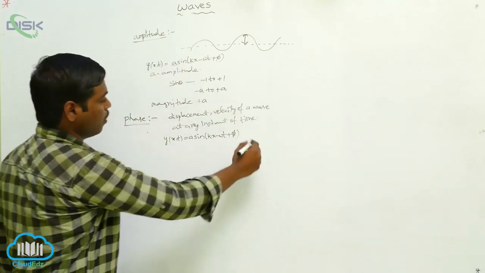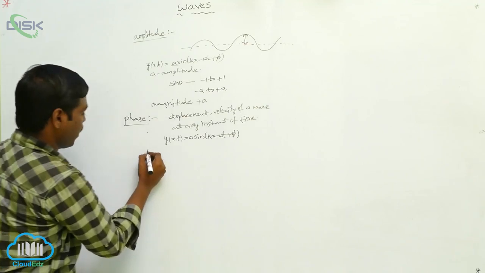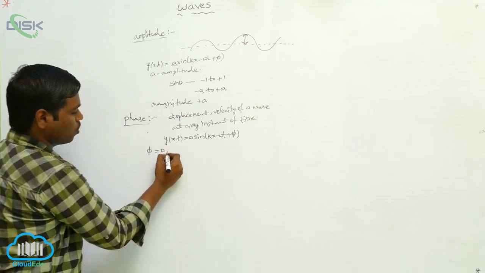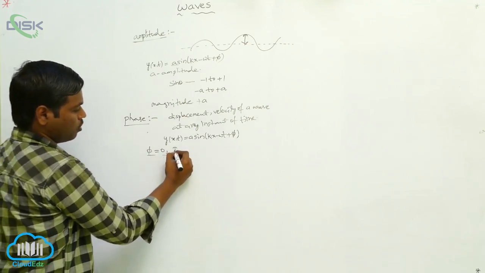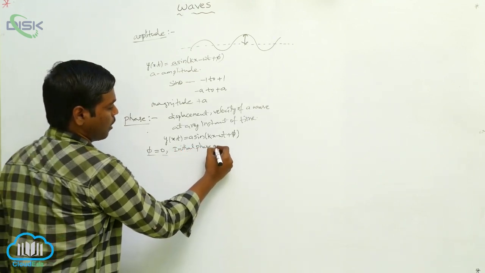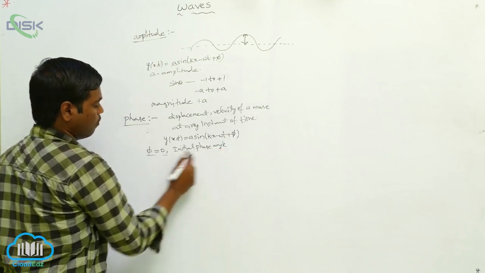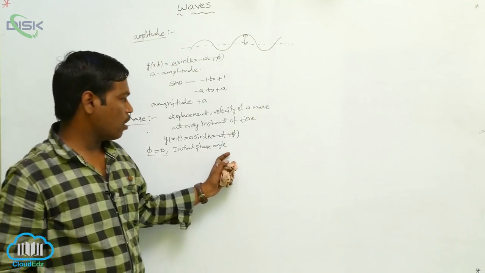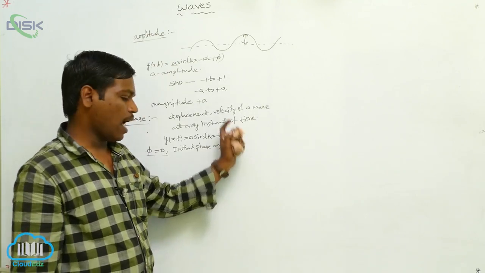If for example we take phi is equal to 0, that is called the initial phase angle.